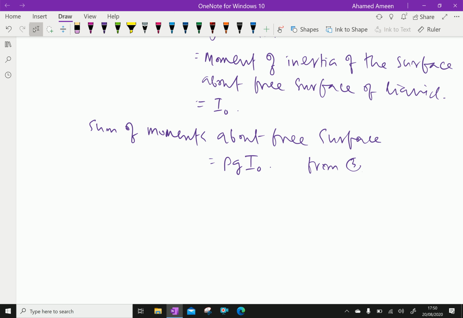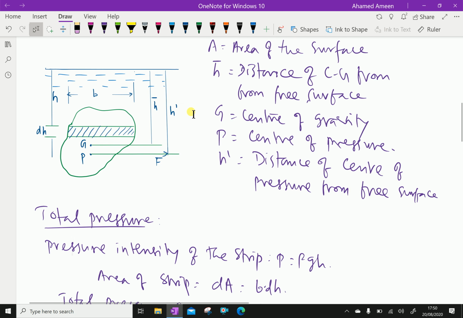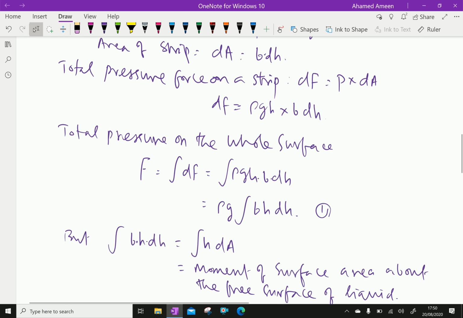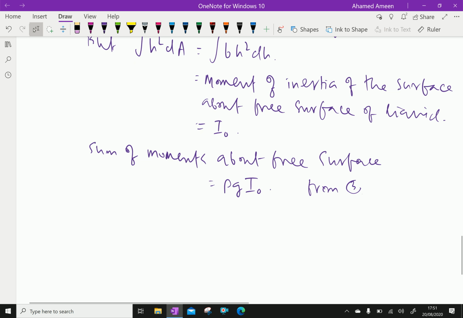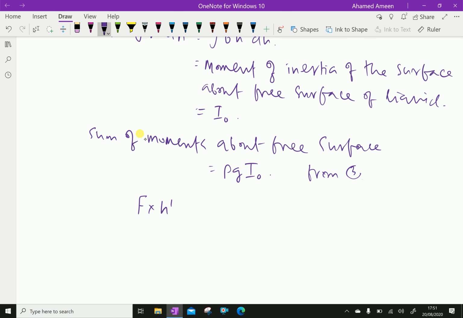Now h dash, look here, h dash into F, that is the moment about this particular point P, that is the moment of this surface area about the point P to the free surface. We have F into h dash equal to rho g I0.